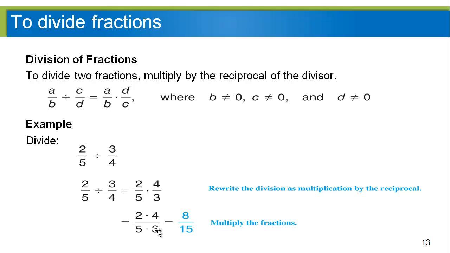Now I asked the question earlier, right? We know that 2/5 times 4/3 is the exact same thing as 4/3 times 2/5. But what about 2/5 divided by 3/4? Is that the same thing as 3/4 divided by 2/5?